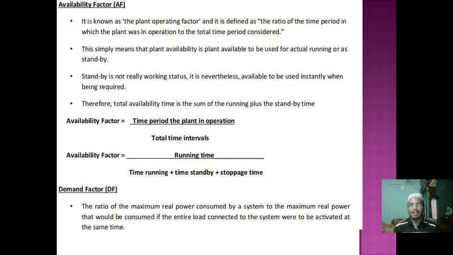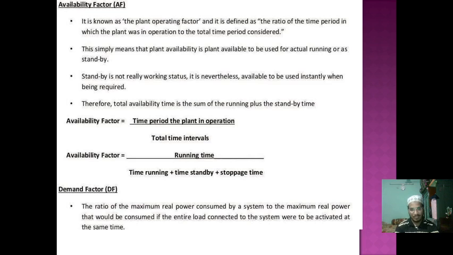The other one is the demand factor. It is the ratio of the maximum real power consumed by a system to the maximum real power that would be consumed if the entire load connected to the system were activated at the same time. We already know that the demand factor depends on the consumer level.